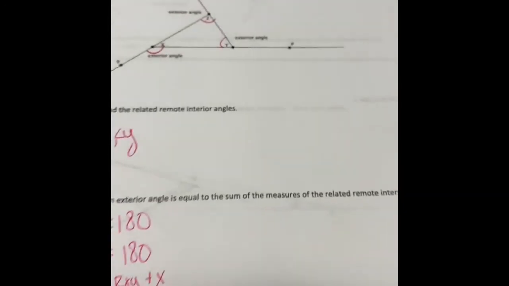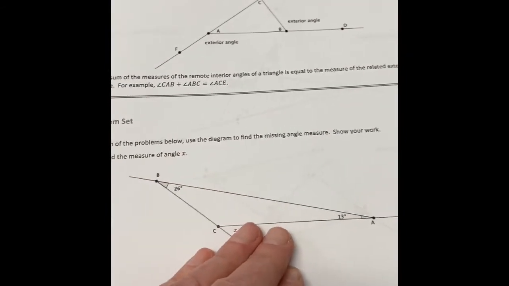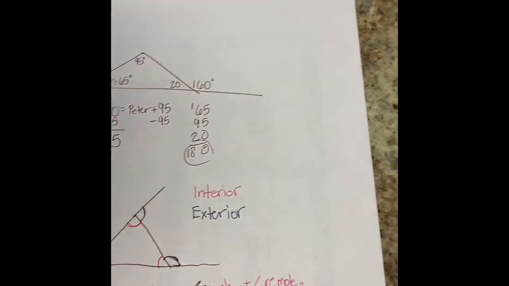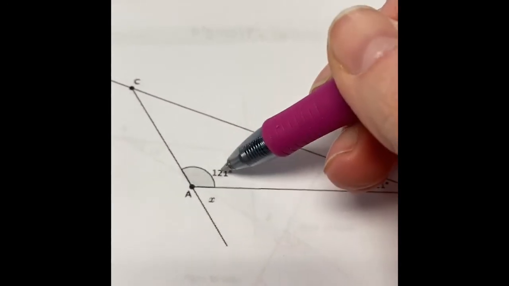The rest of the assignment is pretty much just math things, what we've been doing. Some of them, like find the measure of angle X, well, this is on a straight line, so we just do 180 minus 121.